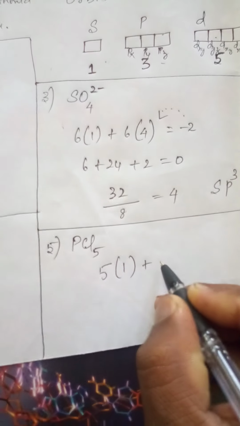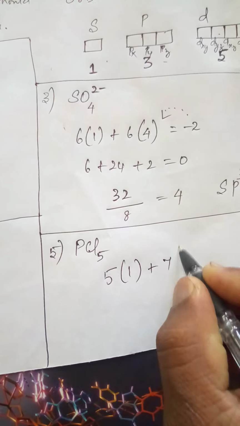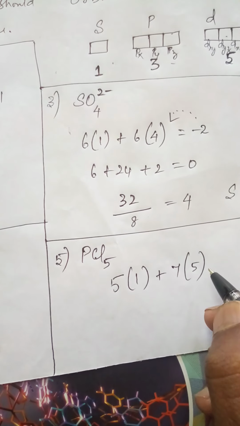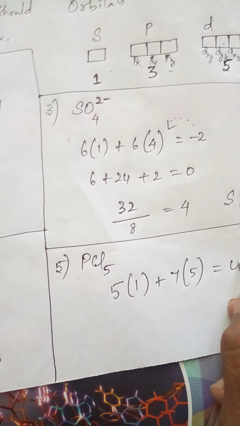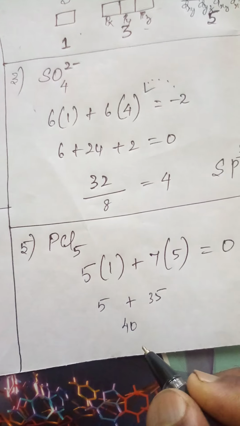Plus chlorine: chlorine comes under the halogen family, so chlorine will have 7 valence electrons, and we have 5 chlorine atoms present. Since there is no charge, we make it equal to 0. So 5 ones are 5 plus 7 fives are 35. When I do the simplification like this, what is the final answer I am getting? 40.